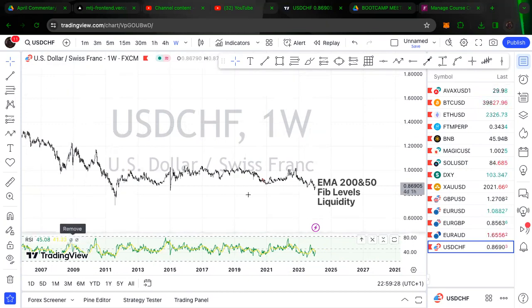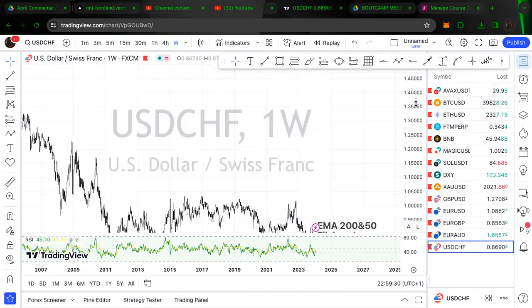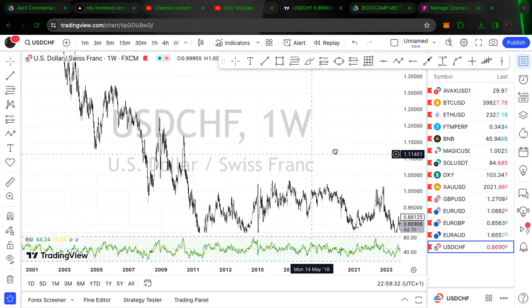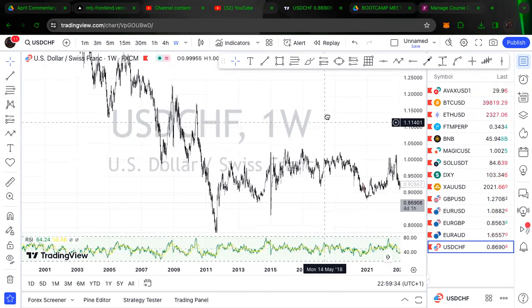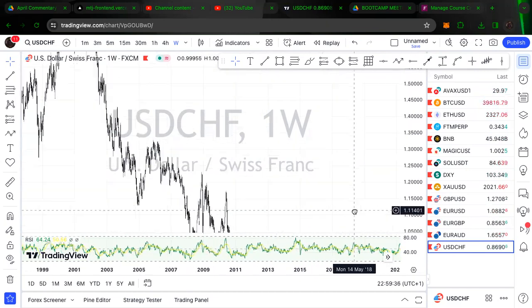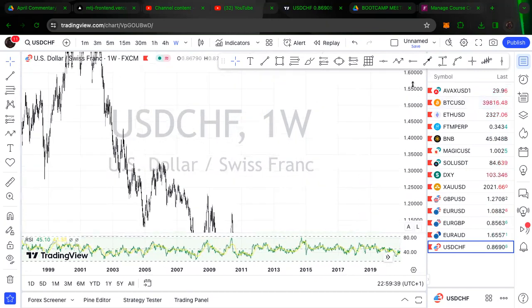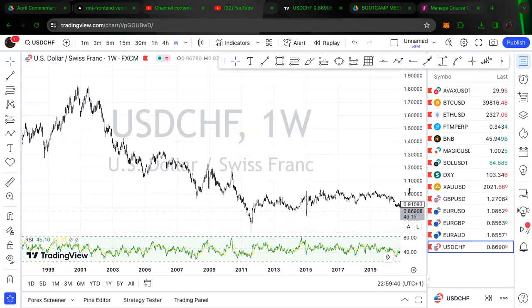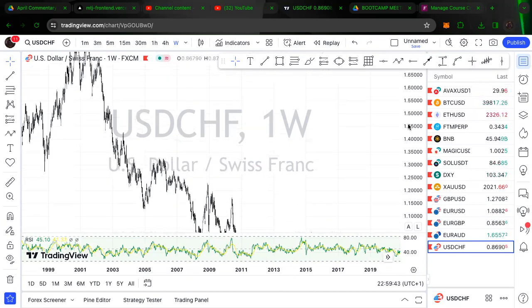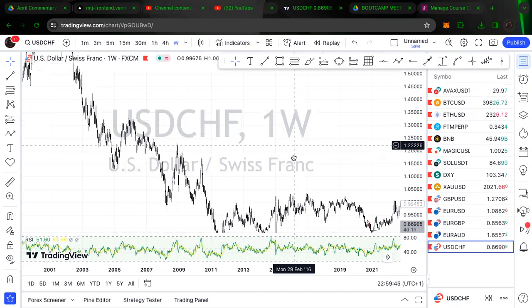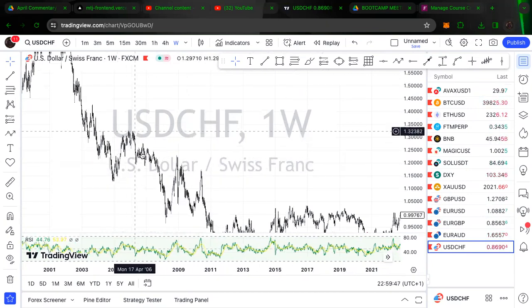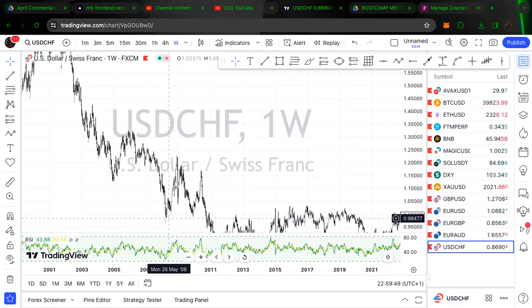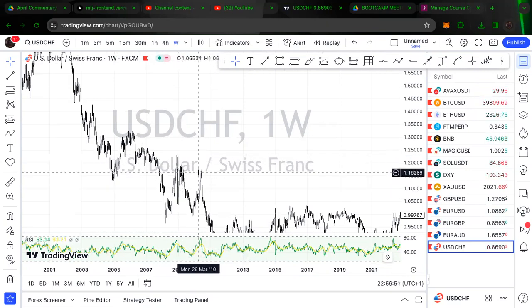But then there is something about the Fib levels for the weekly time frame. I will just show you quickly. We have been on a downtrend, right? From a very long time. But there was a Fib level at some point. What did Fibonacci do? We had our lower lows, lower highs. It broke this low. And where was our next break?